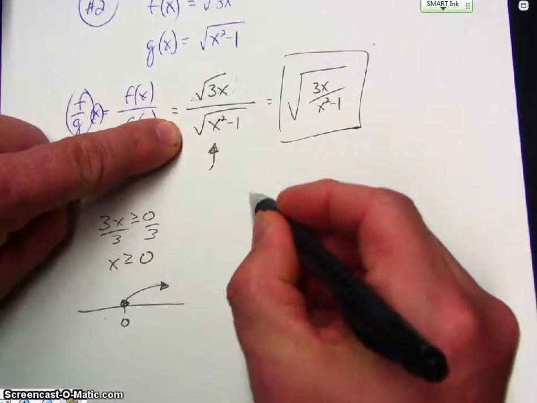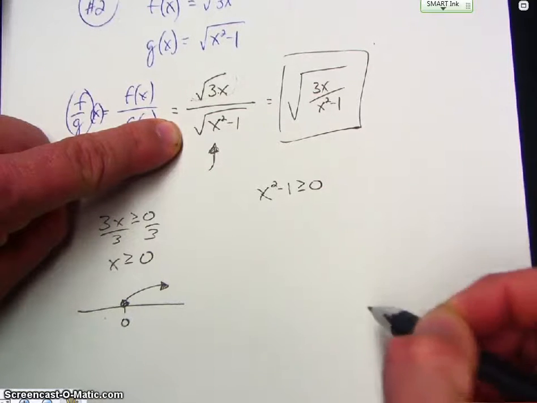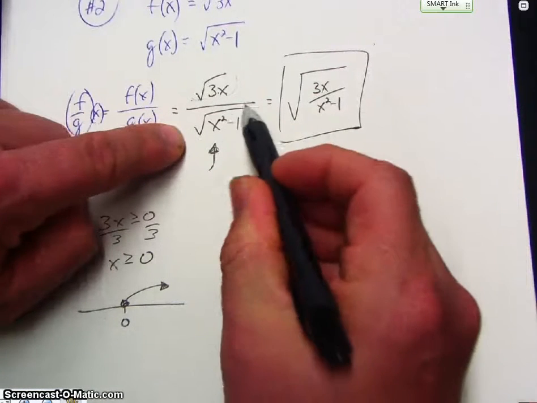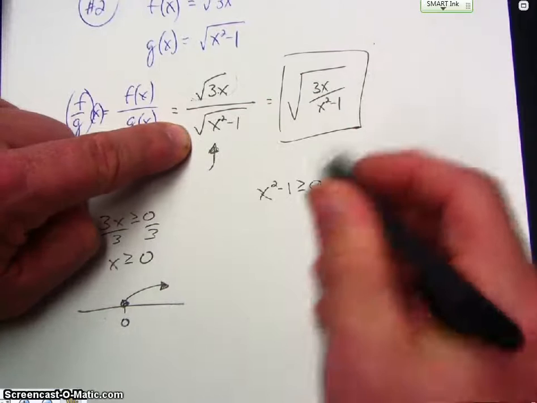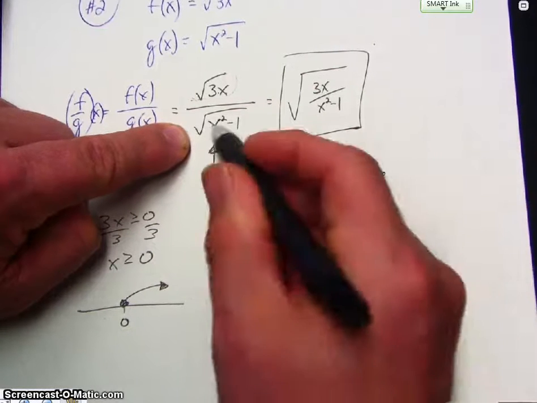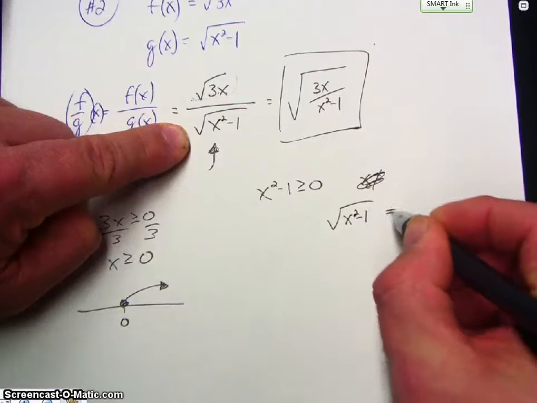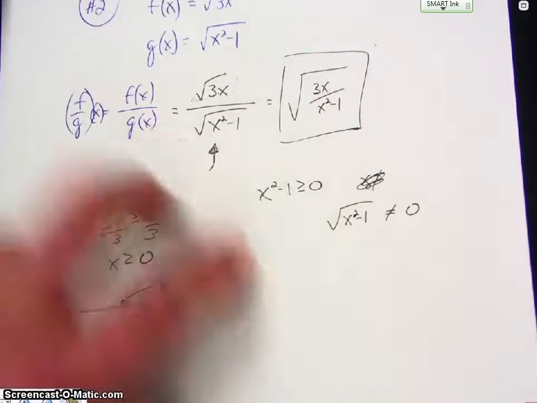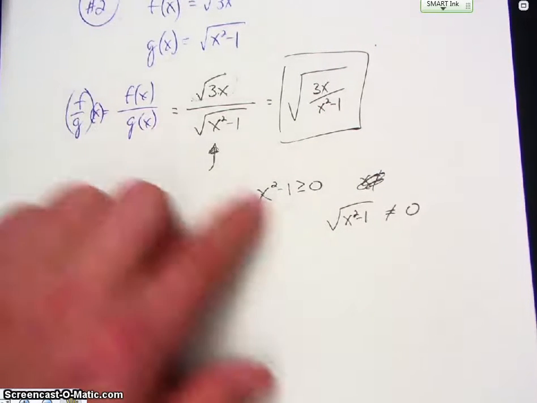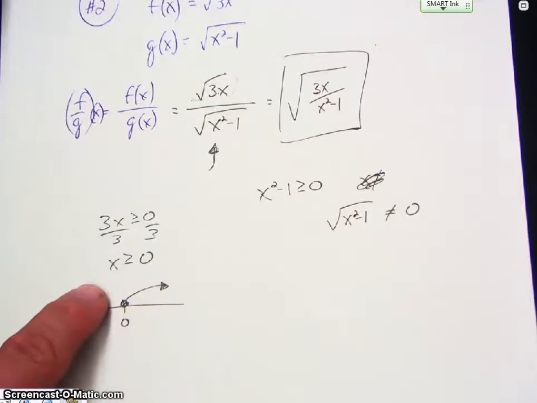The first restriction is that x squared minus 1 has to be greater than or equal to 0. But also, since it's in the denominator, the whole thing, the square root of x squared minus 1, cannot equal 0. So we got two restrictions going on just within this denominator. And that's not including what we just found in the numerator.